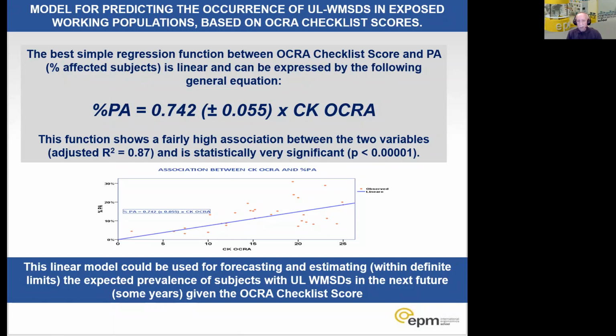This function showed a high association between the two variables with an adjusted R squared of 0.87 and was statistically very significant. So this linear model could be used for estimating, within definite limits, the expected prevalence of subjects with clinically diagnosed upper limb musculoskeletal disorders in the future, that means some years, given the actual OCRA checklist score.